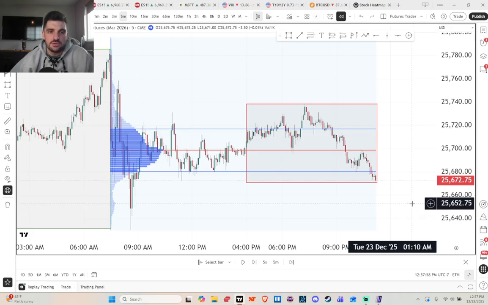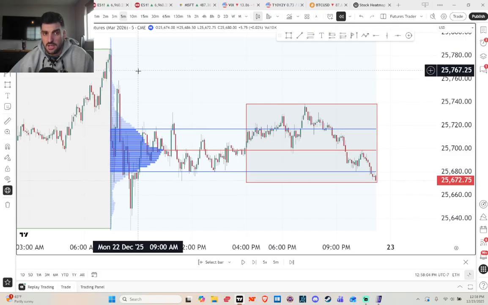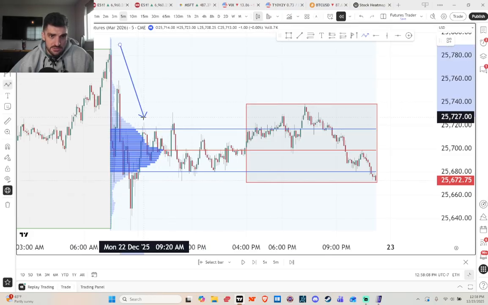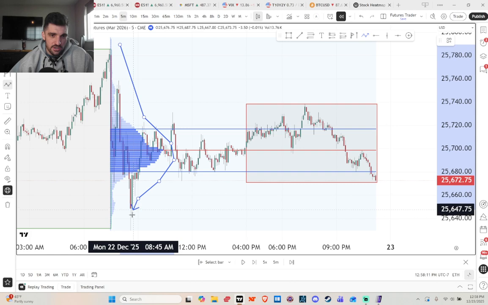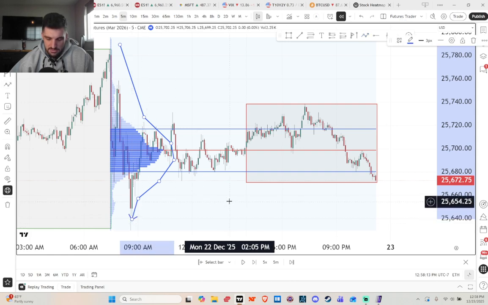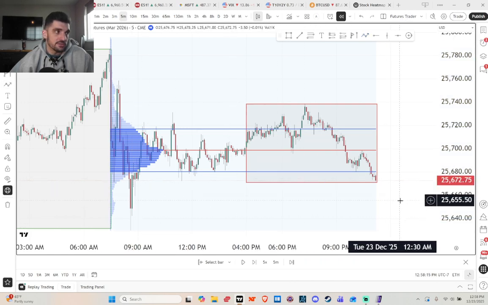So you need to be able to use a volume profile to understand what state of the market you're in, if you're in a balanced market or imbalanced market, right? And balanced profile shapes are these bell curves, these kind of standard bell curves like so, and that would be more of a balanced profile shape as well. So those are the basics.